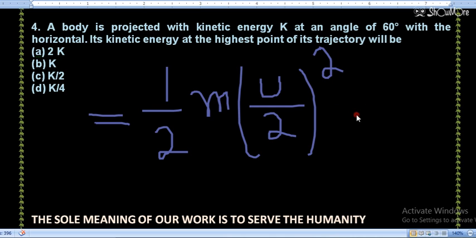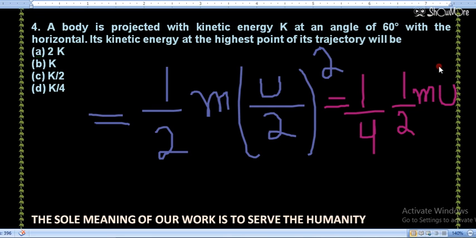After that we can take 1 by 4 outside. The rest of the terms are 1 by 2 m u square. So half m u square is the initial kinetic energy, which is equal to k.